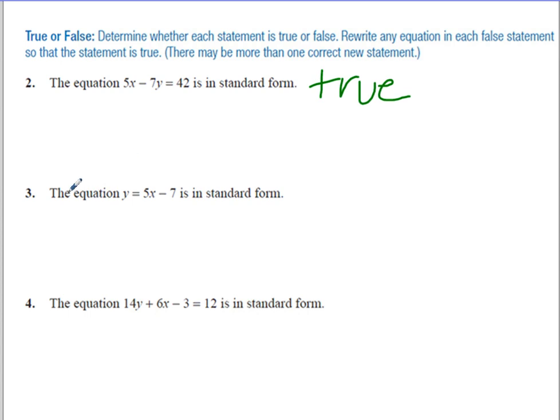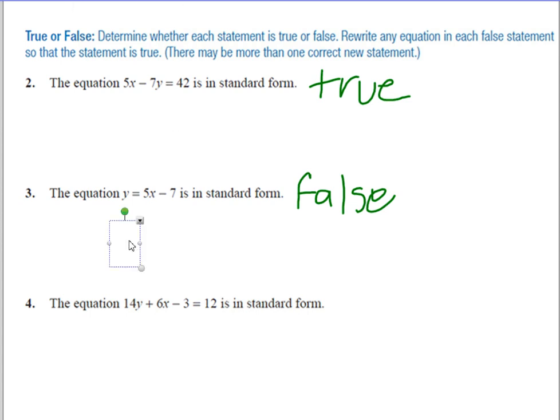For our second one, the equation y equals 5x minus 7 is in standard form. It's actually in a different form of a line, which we're going to talk about in the next section, so it is false. We know it's not in standard form because we can see that the x is on the right-hand side, not on the left-hand side with the y. To fix that, we need to move it to the other side.